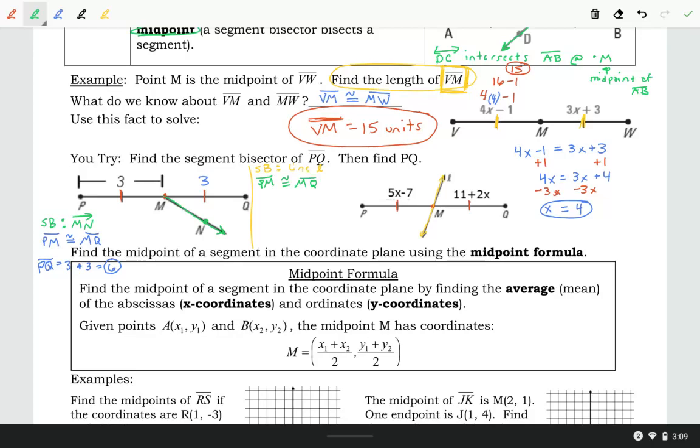And we know that PM is 5x minus 7, and that MQ is 11 plus 2x. So I solve for x. We're just following our rules of algebra here, so I have to do the same thing to both sides of my equation.